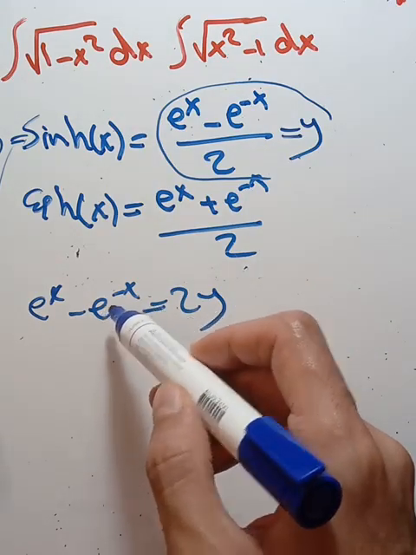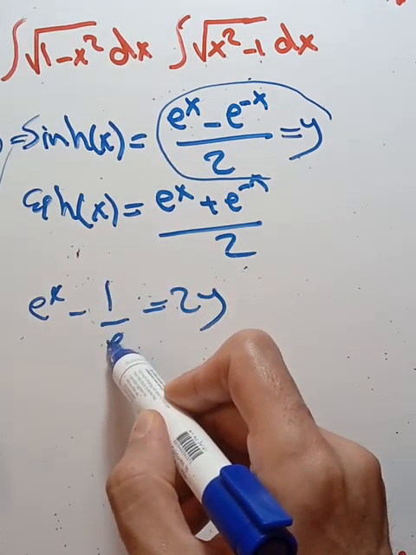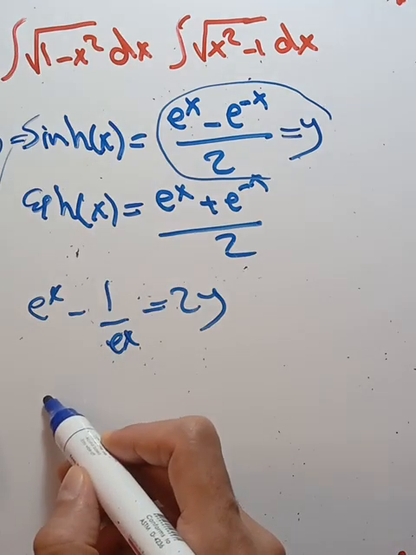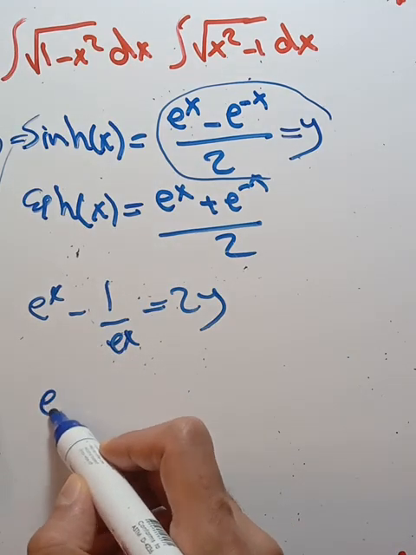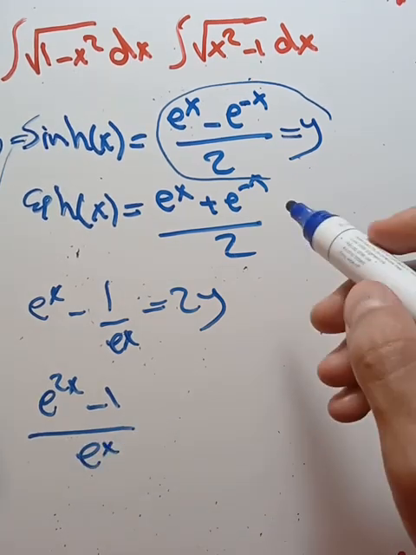And this equals 1 over e to the x, and equals e to the 2x minus 1 over e to the x.